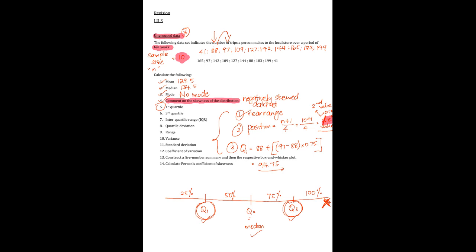So Q3 here is your third quartile. So the steps are exactly the same. You need to always start off by rearranging your values in ascending order. And I'm just going to erase here so I have some space.